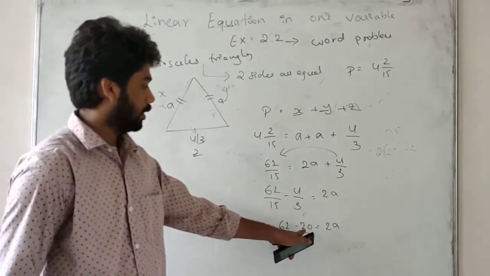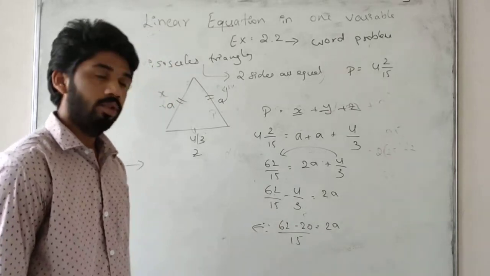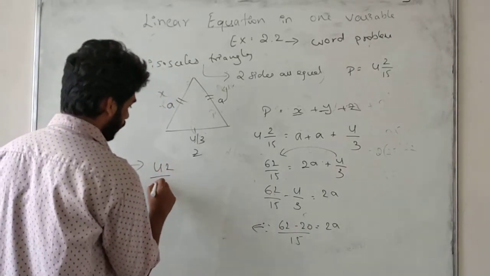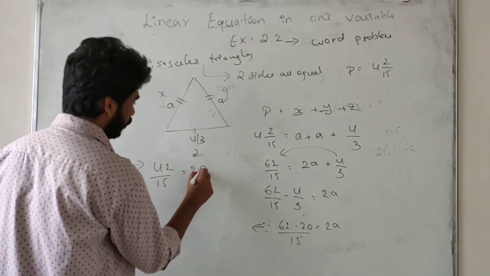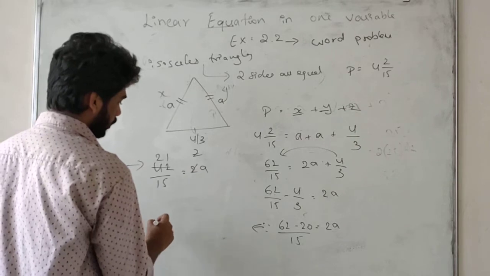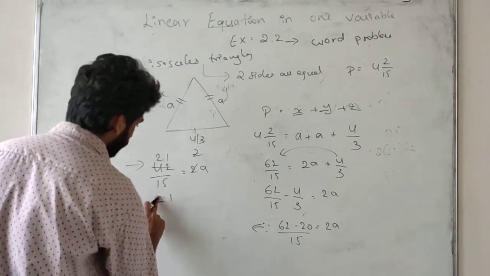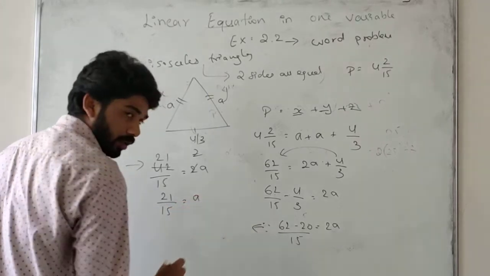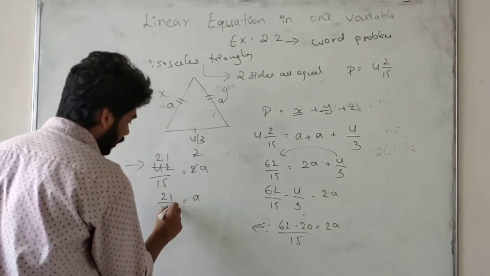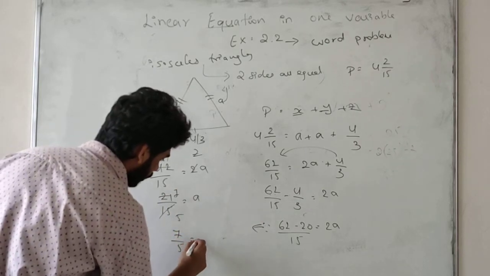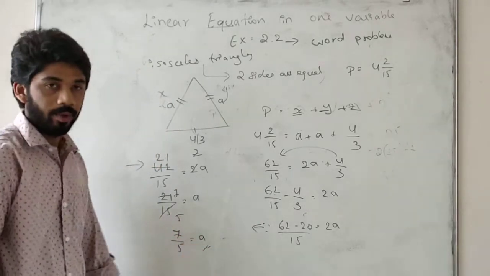So students, 62 minus 20 is how much? 42/15 is equal to 2a. So a is 21/15. Dividing again by 3, 3 7s are 21 and 3 5s are 15, so a is equal to 7/5. This is the required answer.